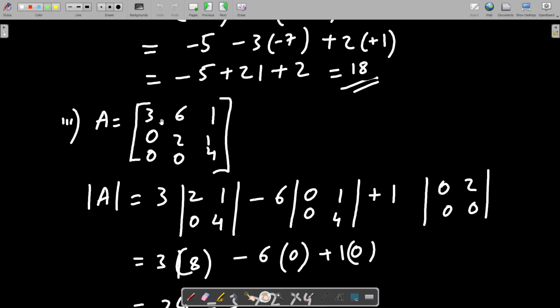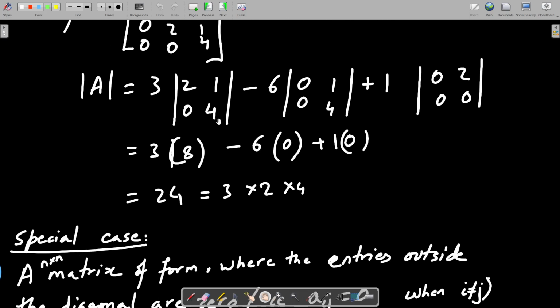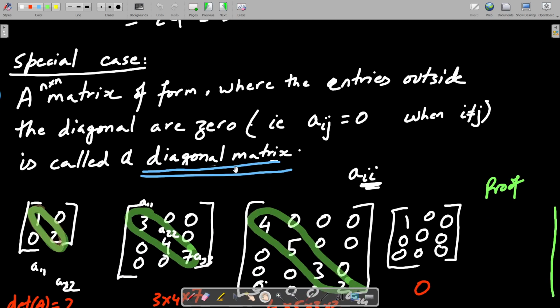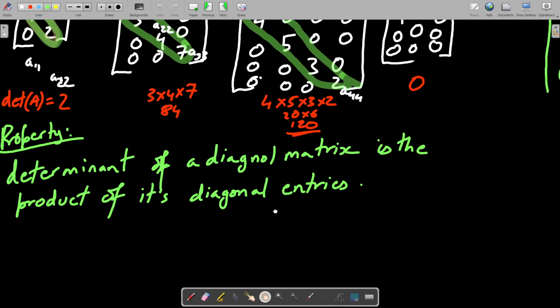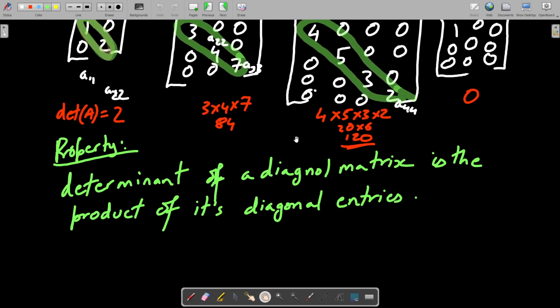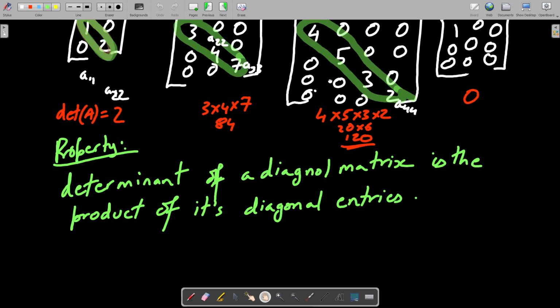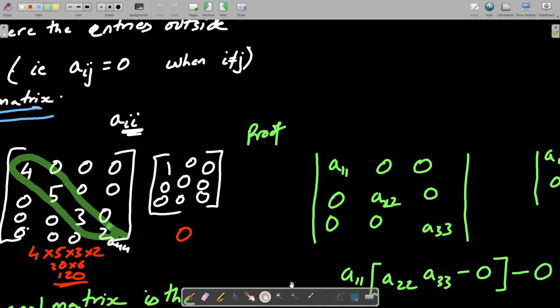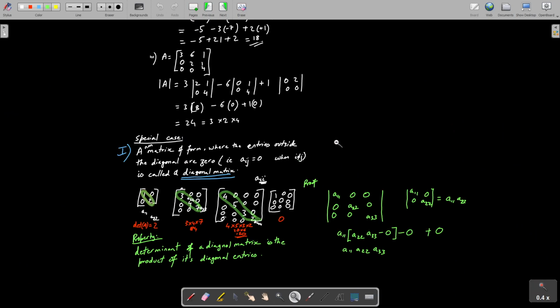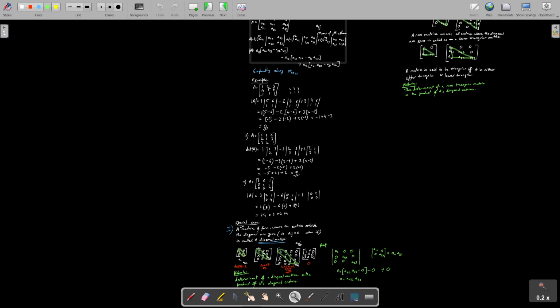Here you had an upper triangular matrix. Diagonal elements are 3, 2, 4. The product is going to become 3 into 2, 6. 6 into 4 is 24. And that's same as the determinant which we actually found here. Okay. So, we were writing this down. Let me zoom out and go there. Yeah, here we were.